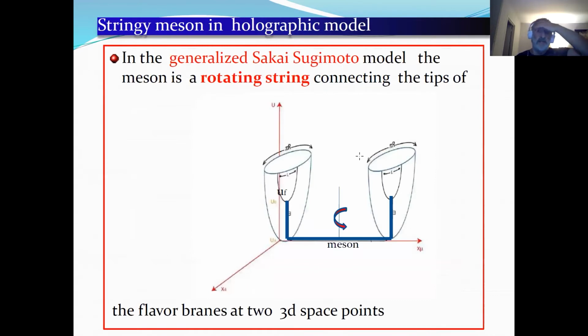So for instance, in the generalized Sakai-Sugimoto model, a meson will be of the form of a string connecting the tips of these D8 brane stacks, and so you look for such a solution. The cartoon is that it has this characteristic of two vertical segments and a horizontal one, and it rotates. And these two cigars are in two distinct points in space.